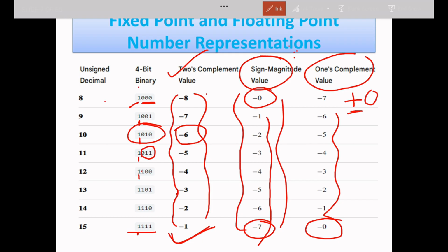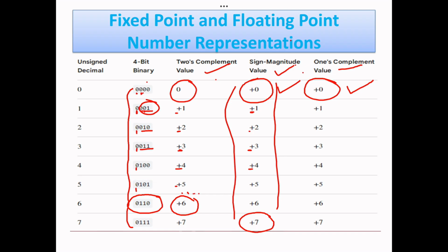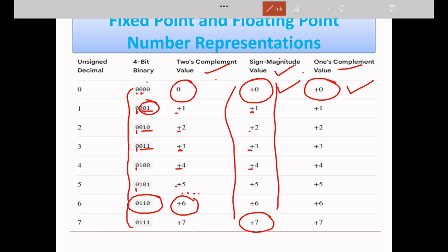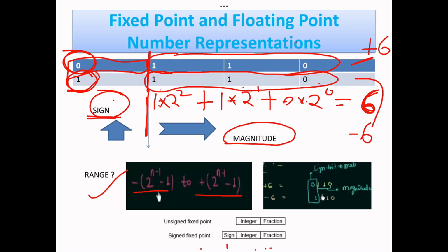But here in 2 complement my range is minus 8 is max, minus 8 to plus 7, because the formula we changed, minus 2 power n minus 1 to plus 2 power n minus 1 minus 1.